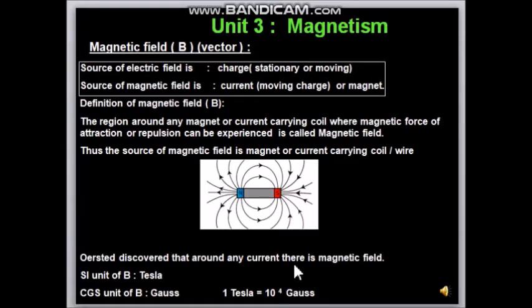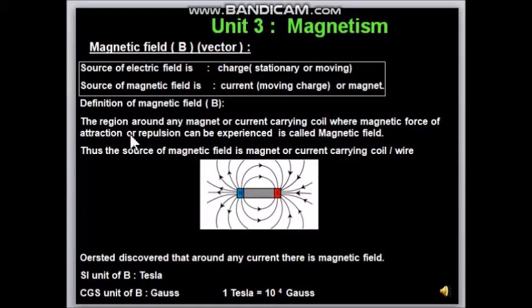How did he come to know? This was due to the deflections noticed in a compass needle when it was placed near a current carrying wire. Around any current, if a magnetic needle is placed, it showed deflection, and it can show deflection only when there is a magnetic field. So this logic was confirmed, that around any current there is always a magnetic field.